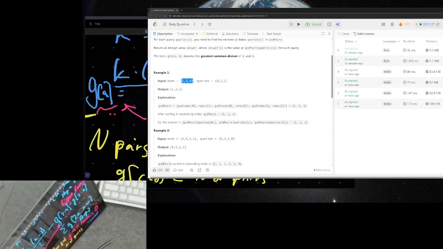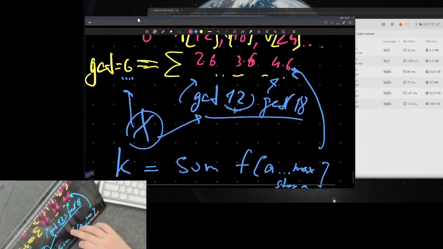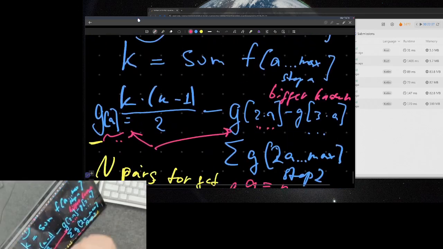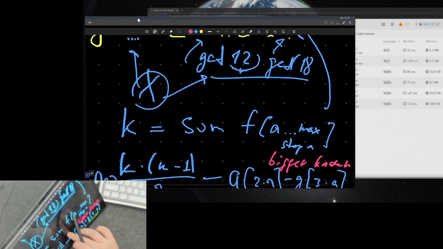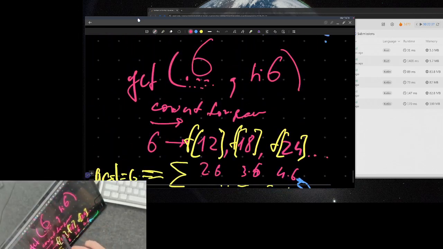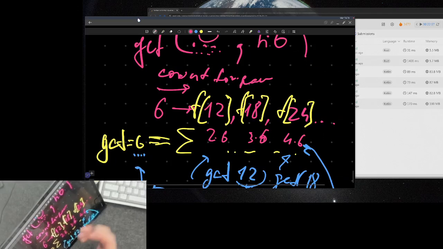And basically the cheat code was to know that you can go from the GCD. So you go from the GCD, and for each GCD you can compute how many multipliers you have, or how many divisors you have.